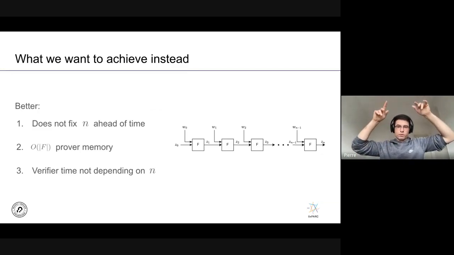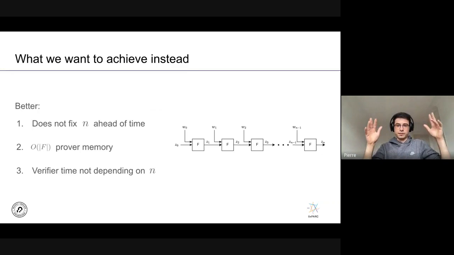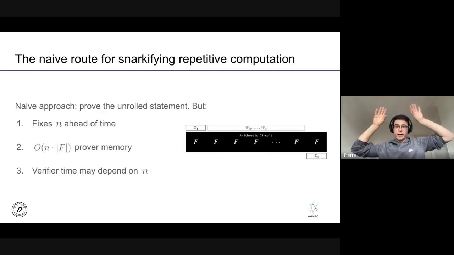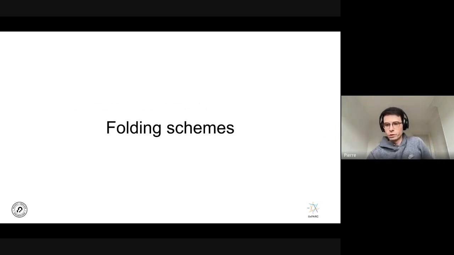And you can see that you have also auxiliary inputs, so the witnesses, W0, W1, that can go into F. So it's a very different setup than the previous one, where all the executions of F were in the same big arithmetic circuit. So it's possible to do that. And how we are going to do it is using a folding scheme. So that's going to be now what we're going to discuss.